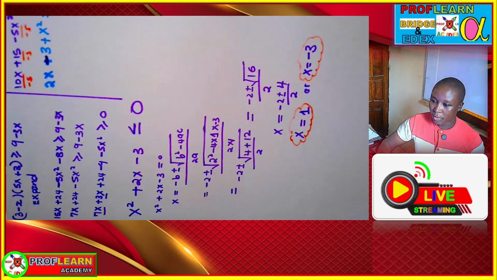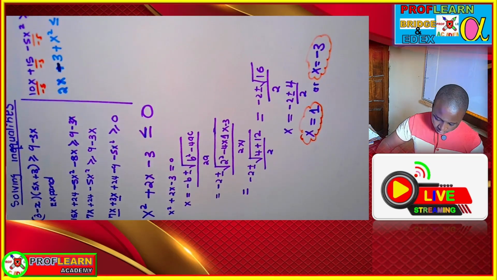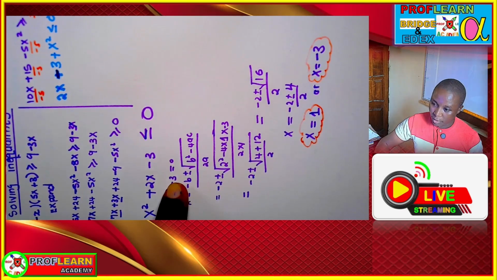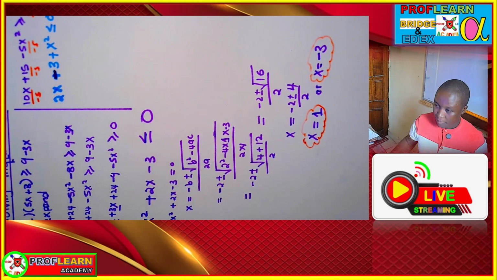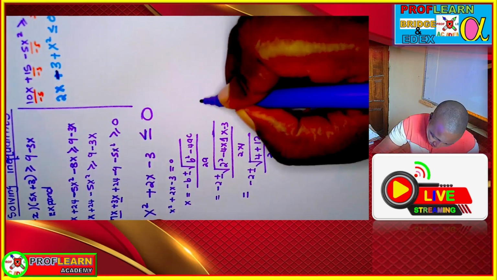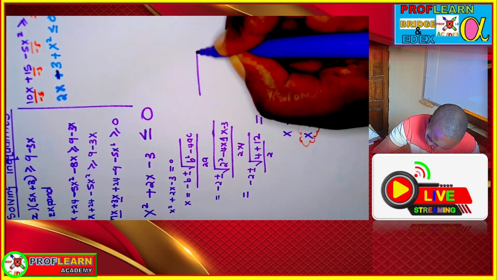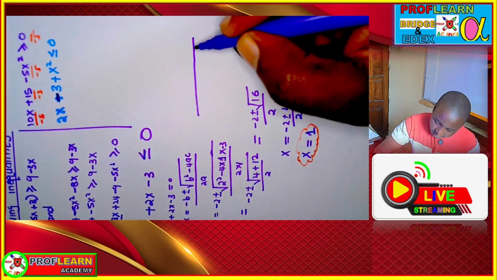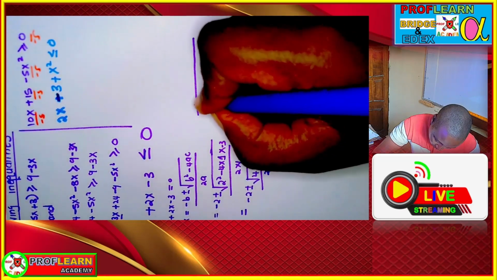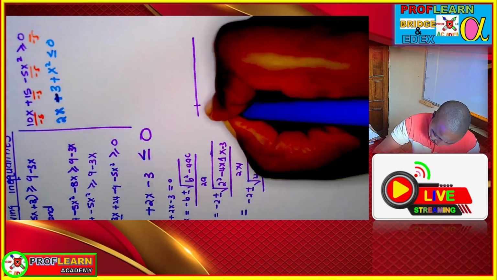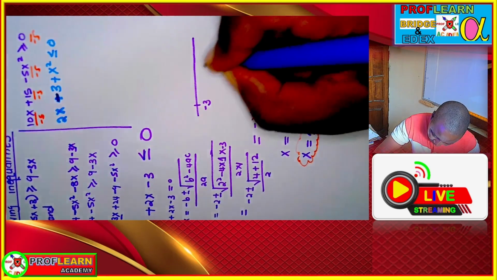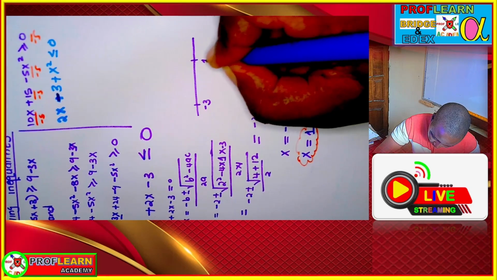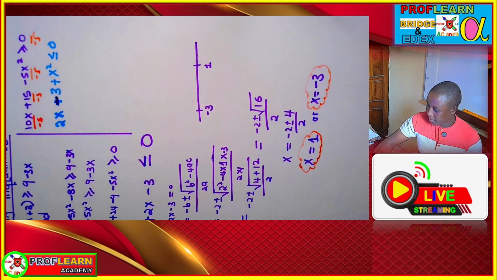But what you need to remember is that you are not solving a quadratic equation, you are solving a quadratic inequality. So in the event you are solving a quadratic inequality, you will come here and then draw a number line like that. One of the solutions is minus 3, so you'll identify minus 3 there. And then the other part is where 1 is at this particular point.